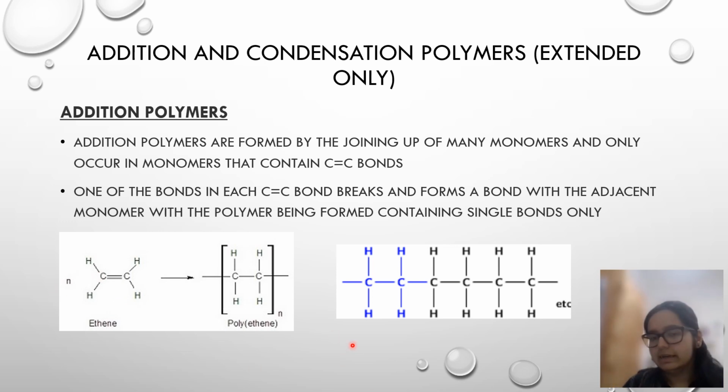Now they might tell us to find the monomer. So when we take this chain, we can understand that this ethene is the monomer of this polymer. Similarly, you need to see it would be a chain of many repeating units. So you need to take one repeating unit, and that would be your monomer.